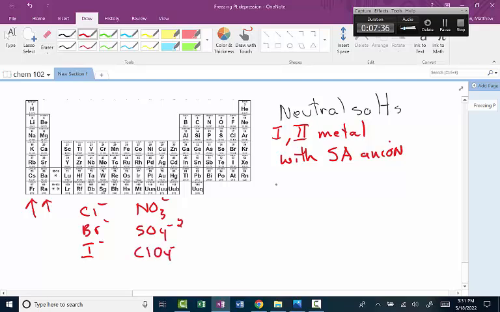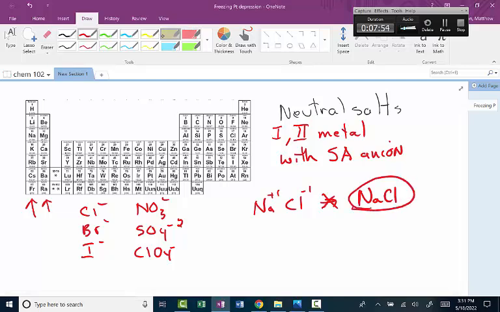And so to make this neutral salt, I'll put a sodium, which is +1, and a chloride together, which is -1, and that gives me sodium chloride. This is not a reaction, but that's how I think about it. I'm matching the +1 and the -1.